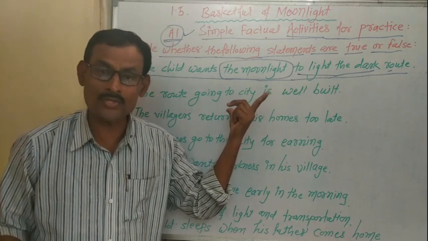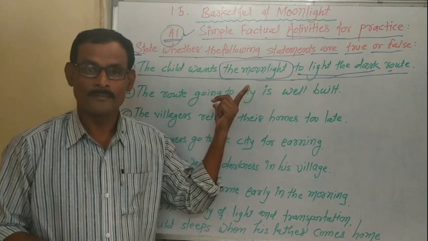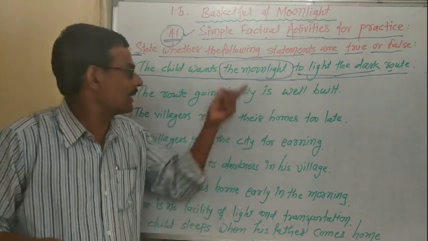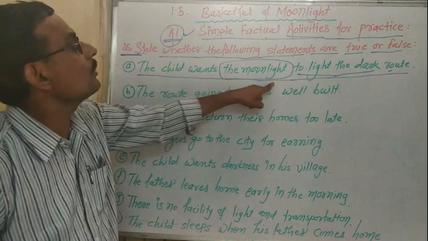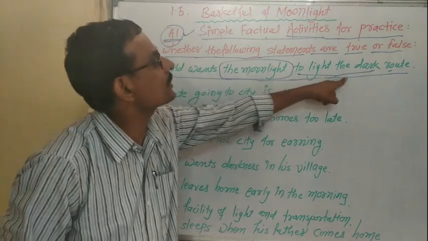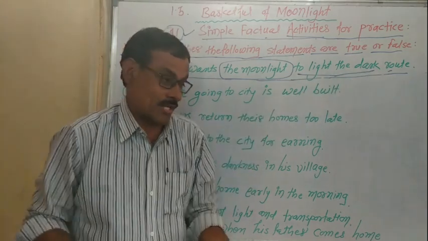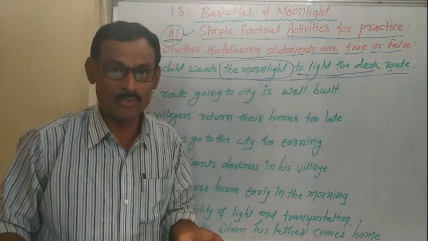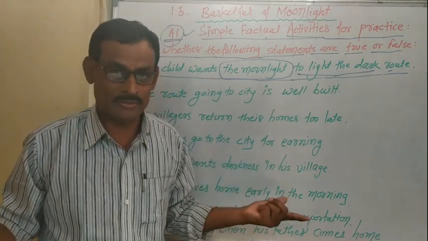You are very habitual and acquainted with all those, so you can easily get the meaning of it. The child wants the moonlight to light the dark road. The child wanted the moonlight from the moon to make the road bright.